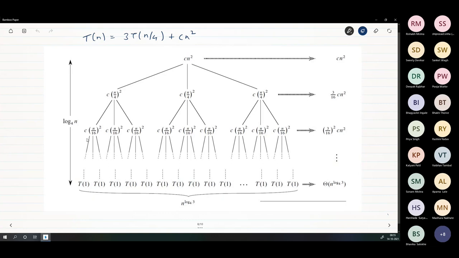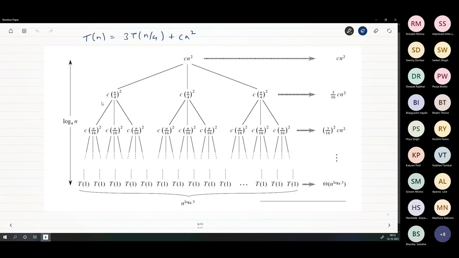Every time, the size is reducing by a factor of 1 by 4. We go to n, n by 4, n by 16, and so on. So log to the base 4 of n.